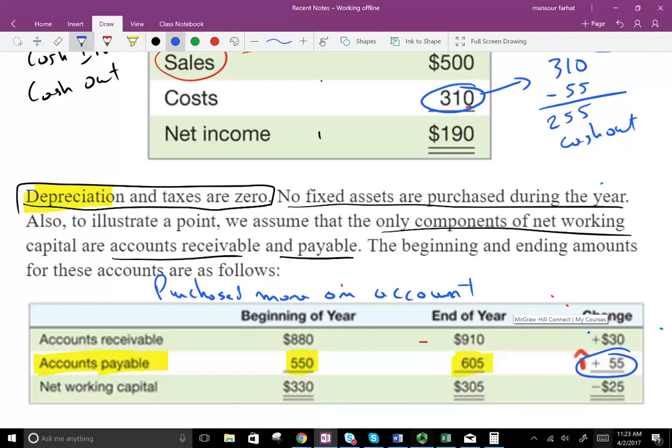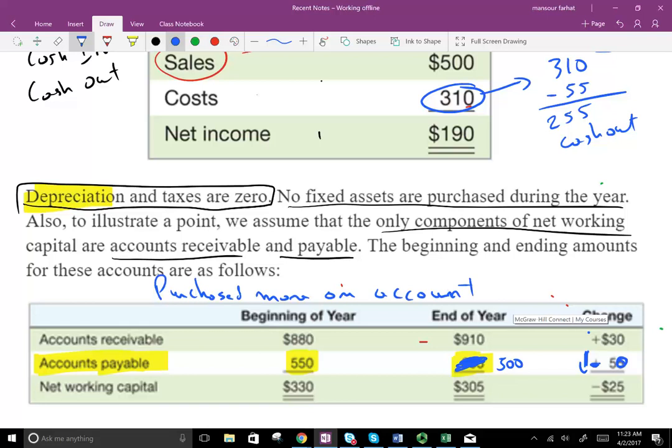Assume that accounts payable went from 550 to 500. It went down. Now we're assuming accounts payable went down negative 50.